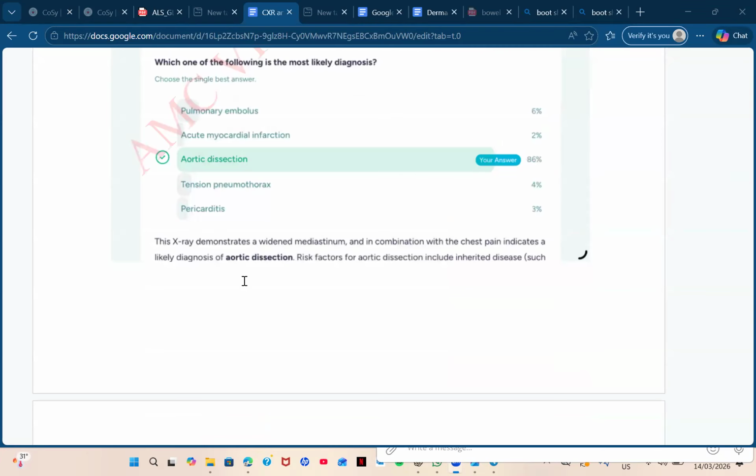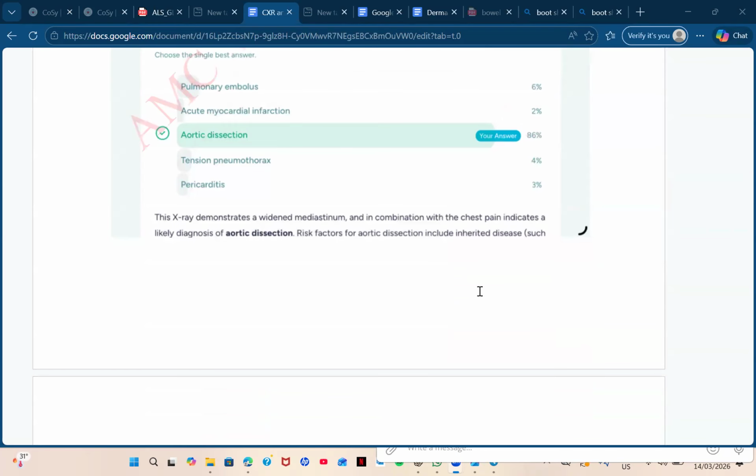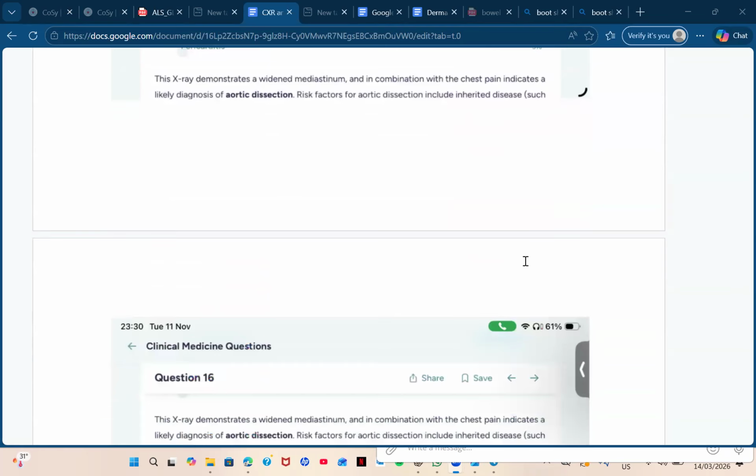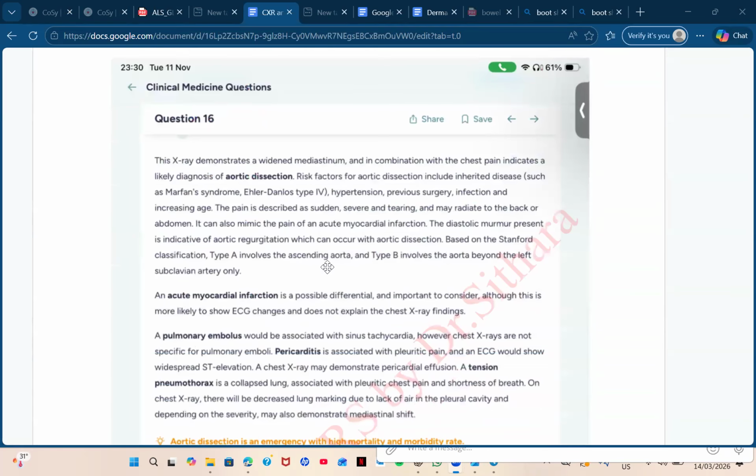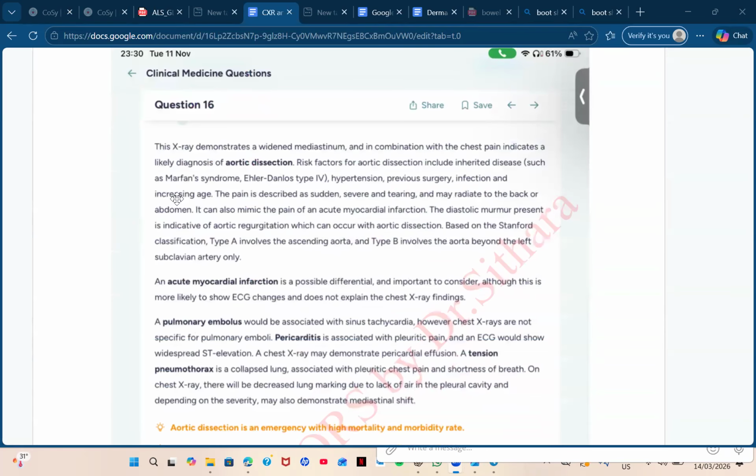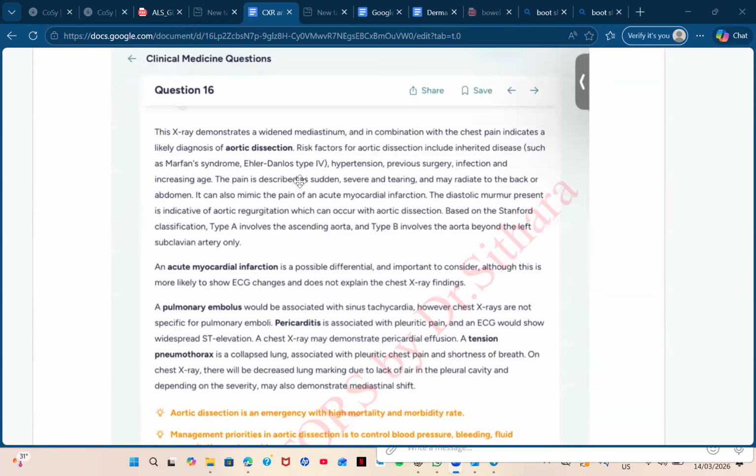The chest X-ray demonstrates a widened mediastinum which, in combination with chest pain, indicates a likely diagnosis of aortic dissection. Risk factors for aortic dissection include inherited diseases such as Marfan syndrome, Ehlers-Danlos type 4, hypertension, previous surgery, infections, and increasing age.